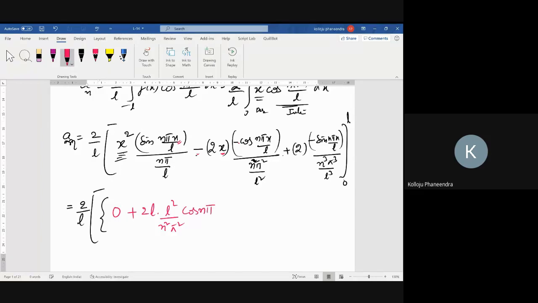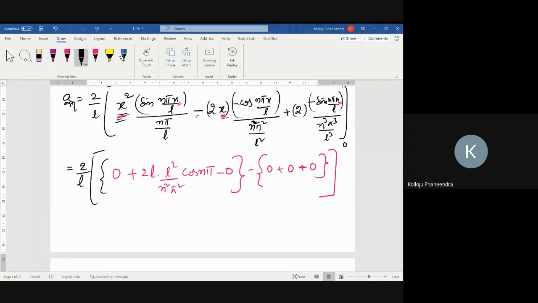Third term, sine n pi is 0. This is the upper limit value. Minus, coming to lower limit 0, everything is 0, so this is closed.